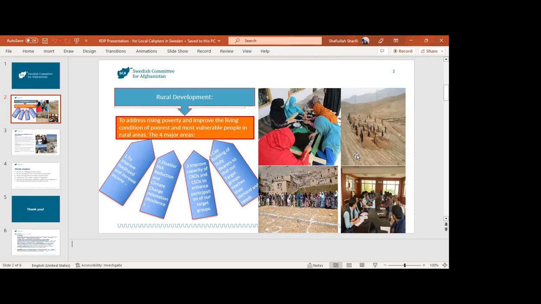The other picture you see is a watershed disaster risk reduction project, where people are making trenches and planting. The last picture is about working with local authorities, a coordination meeting. So these are some things that have been shown in the pictures.